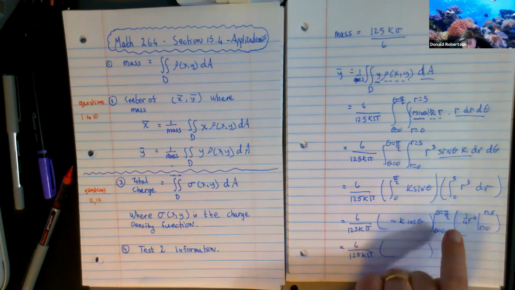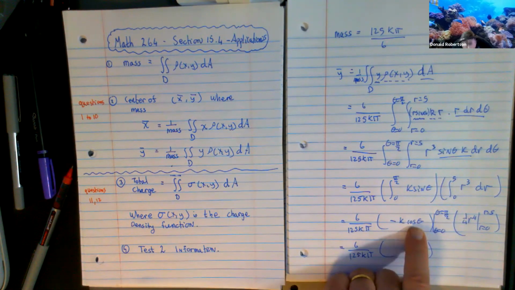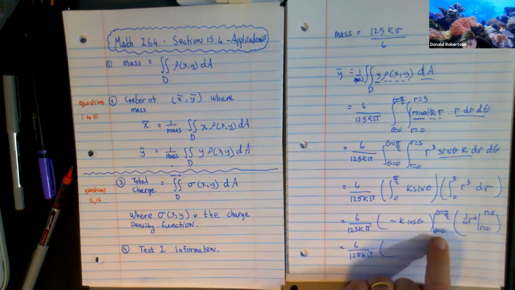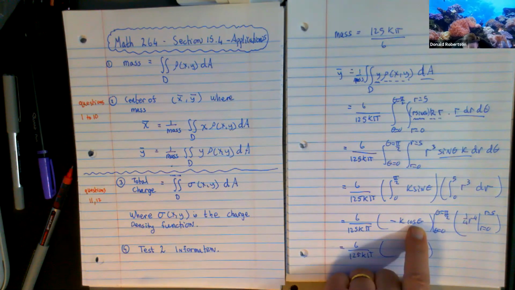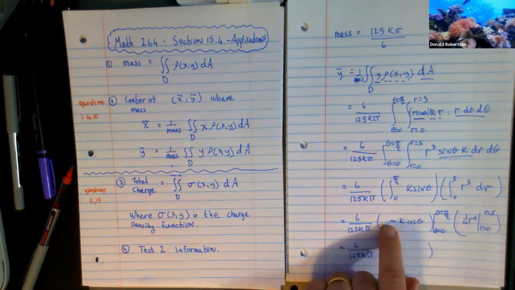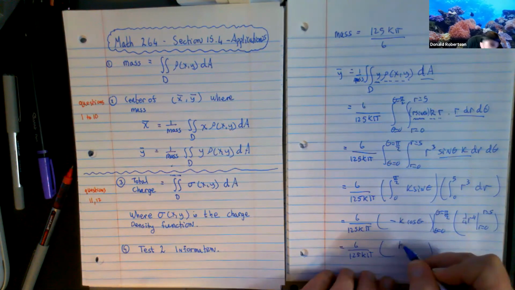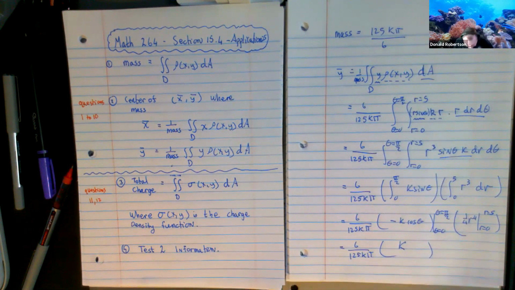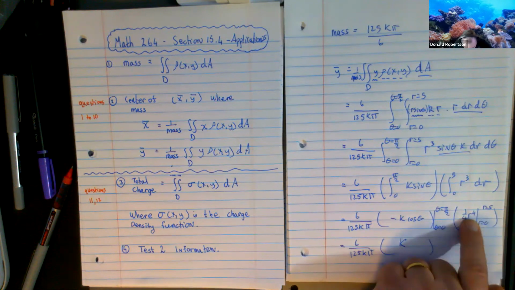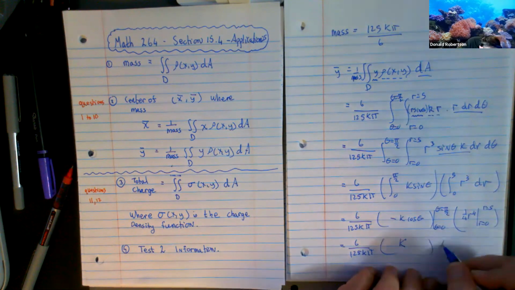Okay, you plug in pi upon 2 here, you'll get 0. You plug in 0, you get negative 1, but 2 negatives make a plus. Bottom line is that ends up being k. This fella is 625 quarters.